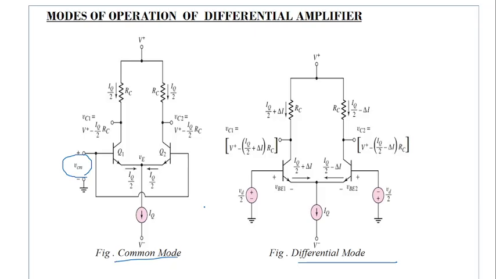In the differential mode, here we have Vd by 2 and here negative Vd by 2, thereby forming the differential mode of operation. So the output will show the same amount of difference but in the opposite direction. This is plus del I and this is minus del I.